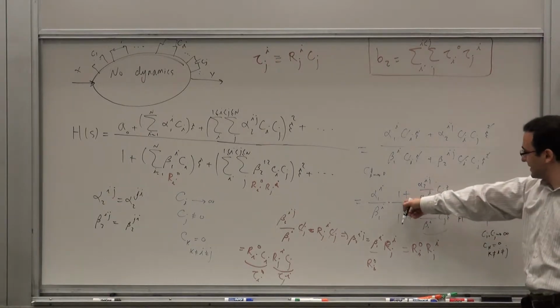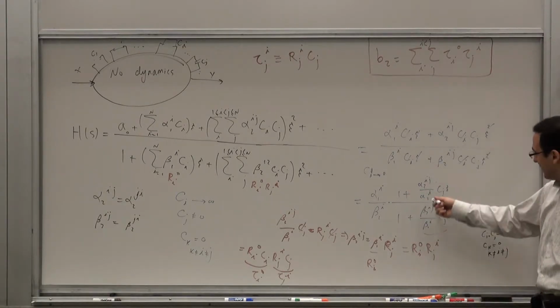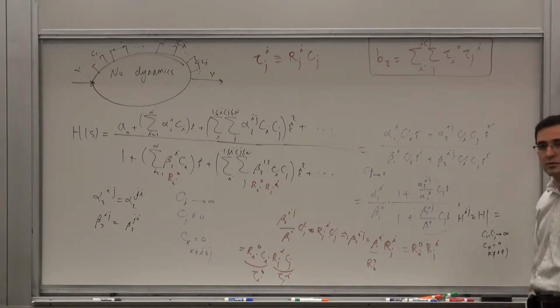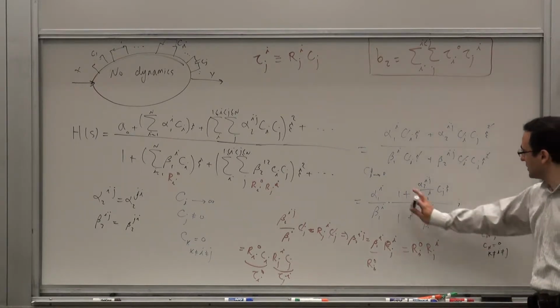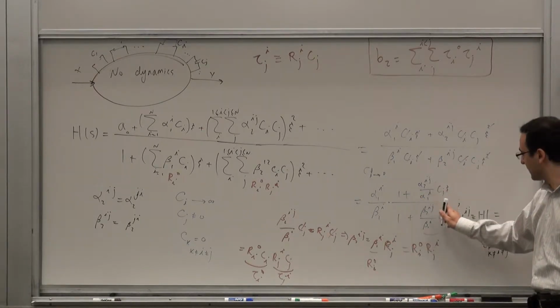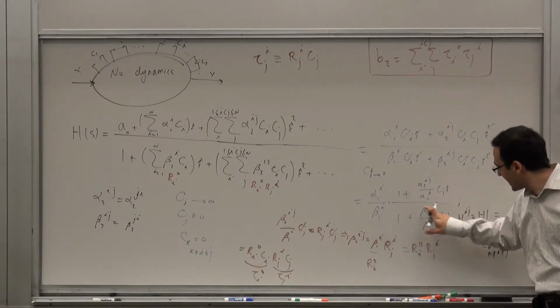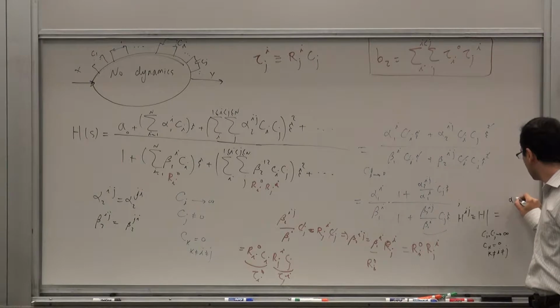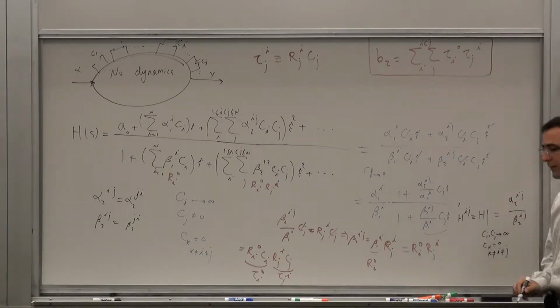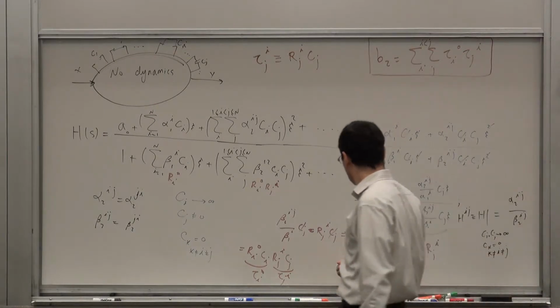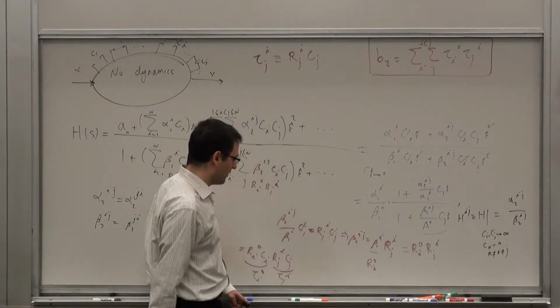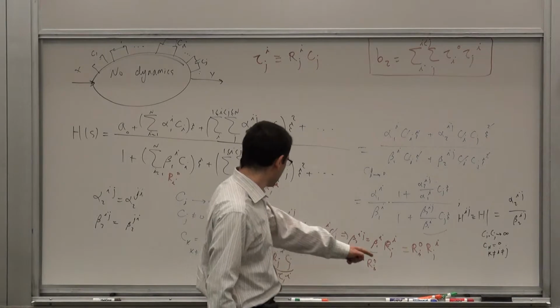So what is it, it's this thing, right? Then Cj goes to infinity. If Cj goes to infinity, what does this reduce to? It was this.